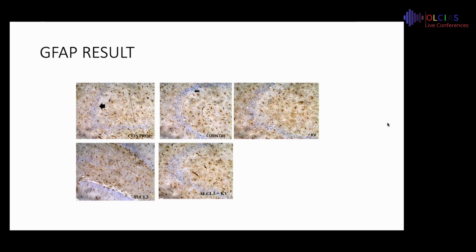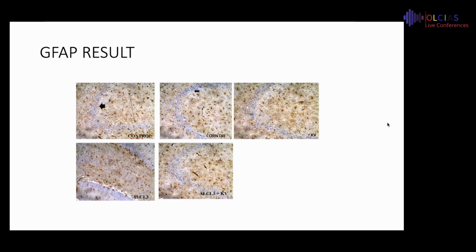And we can all see a blue color here. That blue color is neuropile. For the control group, you can see that we have mild expression of reactive astrocytes with blue stained neuropile. But when we go to the aluminum chloride group, they have more expression of the reactive astrocytes with lightly stained neuronal nucleus, which indicates astrogliosis.